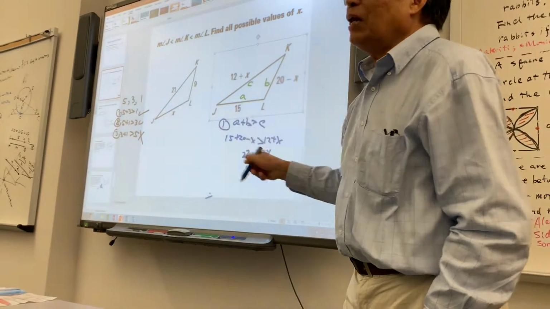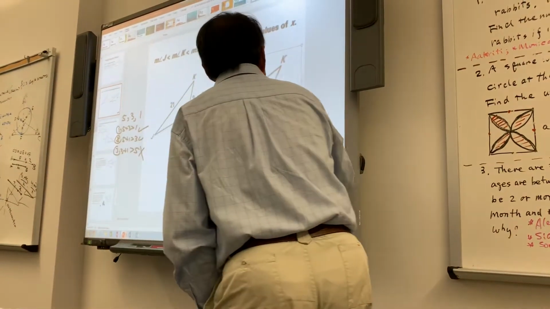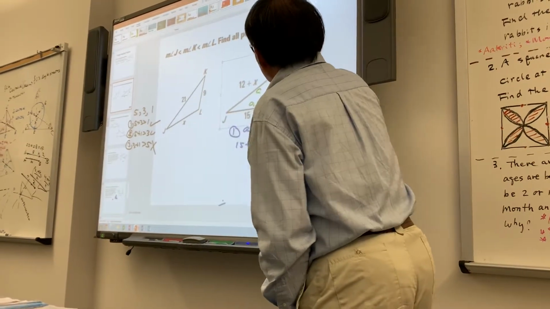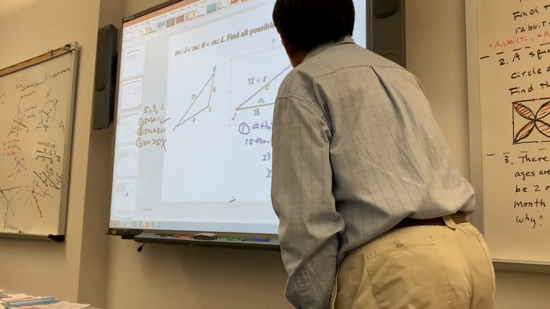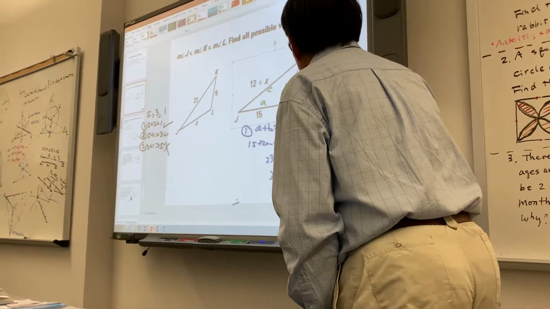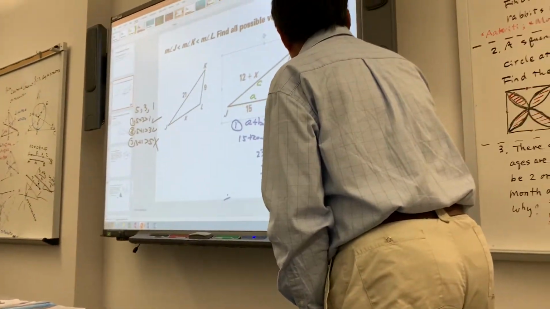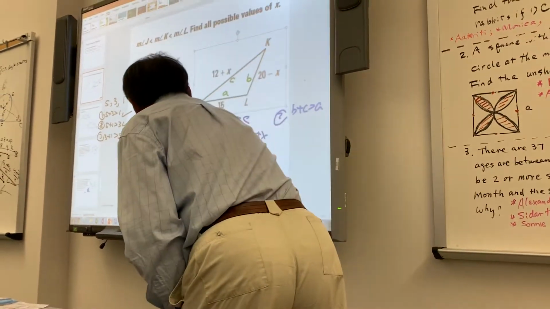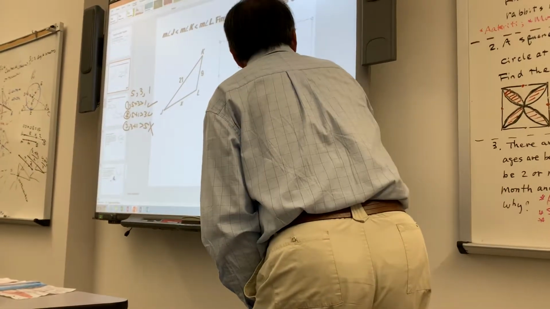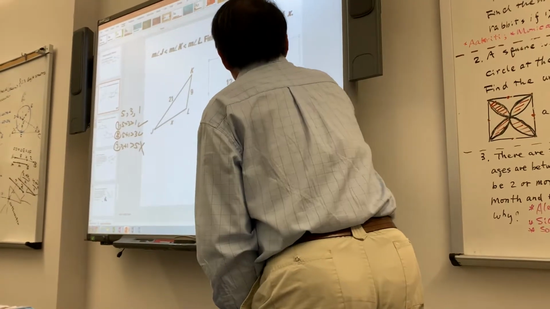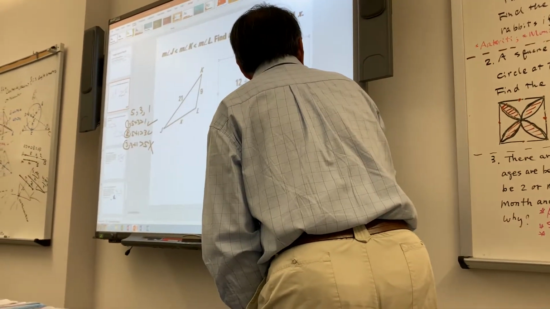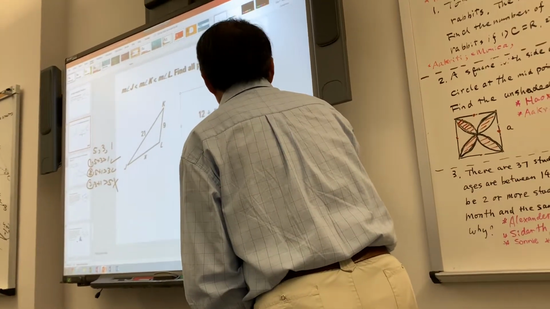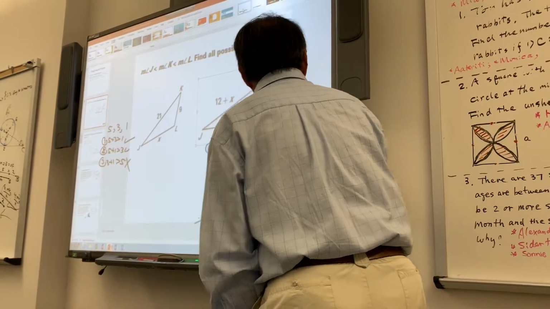Yes, inequality solved. Second, you have B plus C is greater than A. B is 20 minus x, C is 12 plus x, and A is 15.